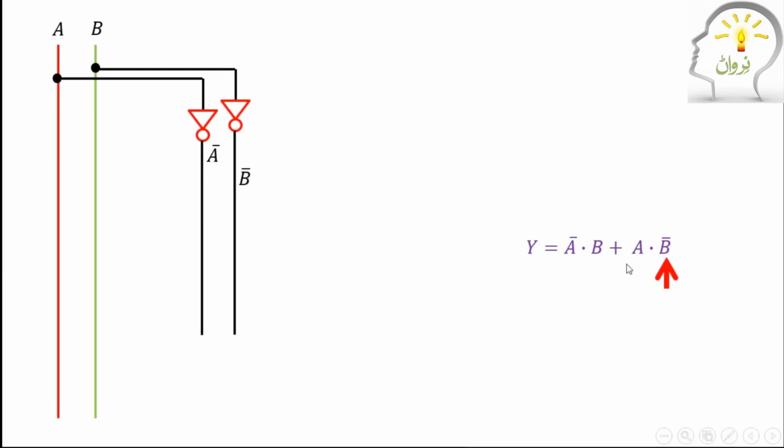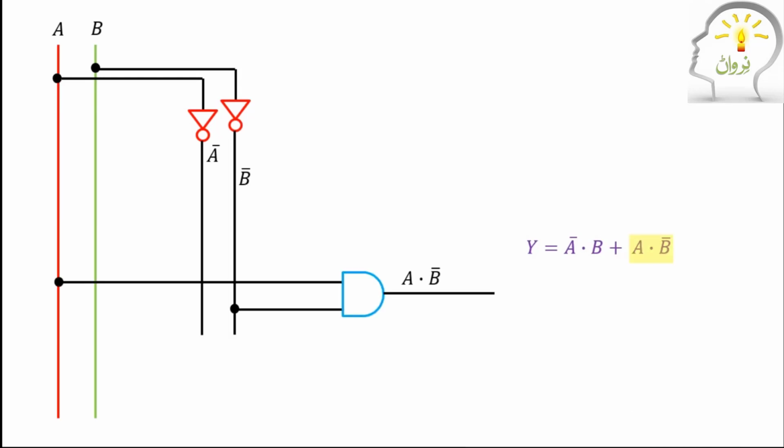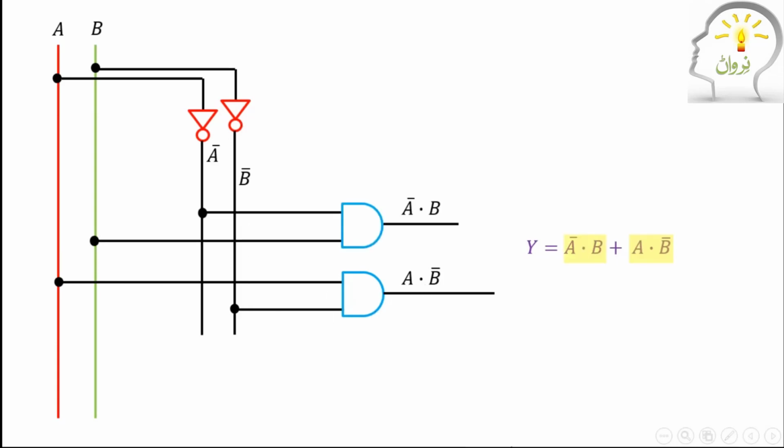This is input B, output is B complement. This is A and this is B complement. A and B complement. This is A complement here and this is B.